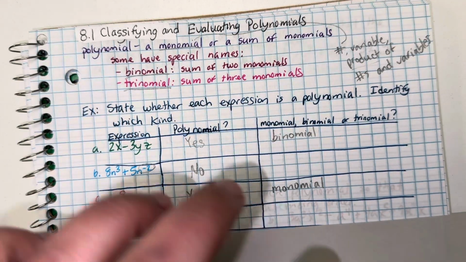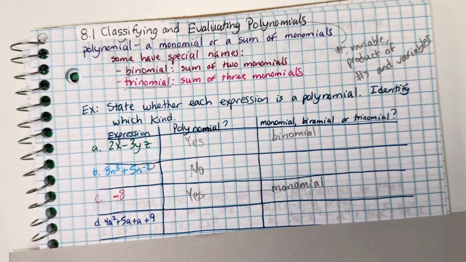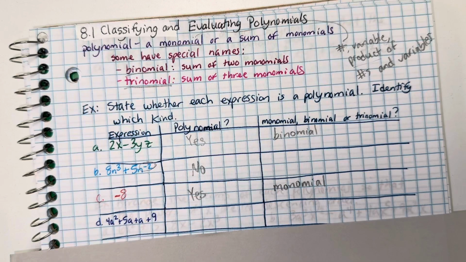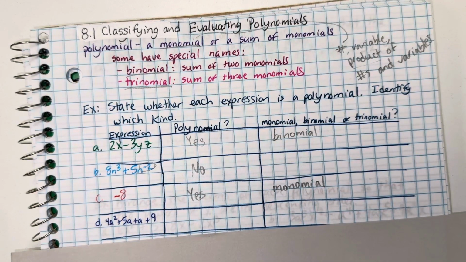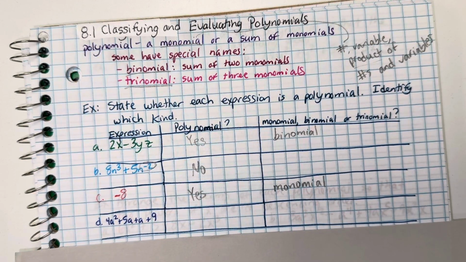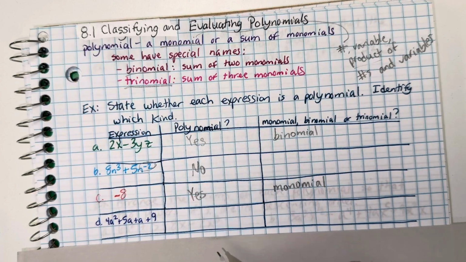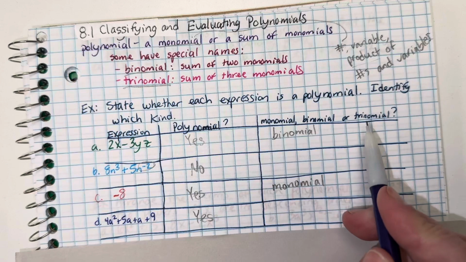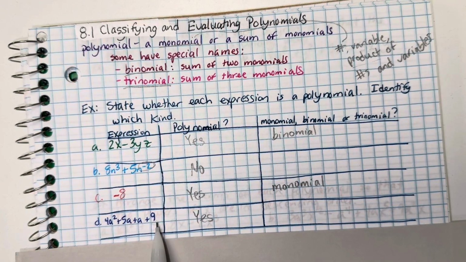Okay. And then our last one, 4a squared plus 5a plus a plus 9. Okay. All of these pieces are multiplied, so yes, this is a polynomial. But in order to figure out which kind of these it is, we need to see if they can do any combining.